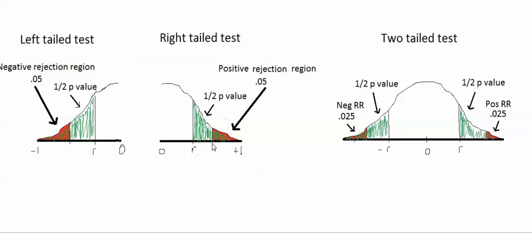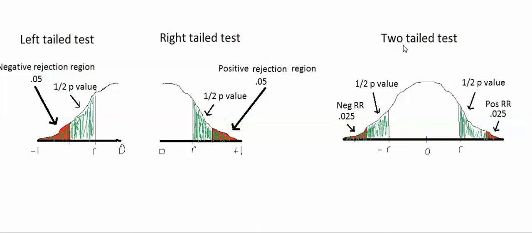So if you're reasonably confident ahead of time that you'll find a positive correlation, you could do a right-tailed test, and your critical value will be easier to reach than it would be in a two-tailed test. But in research studies, people often use the two-tailed test even when they do have a prediction ahead of time.